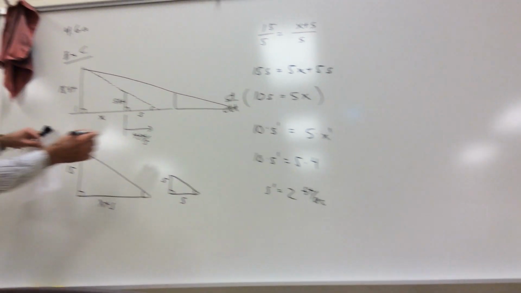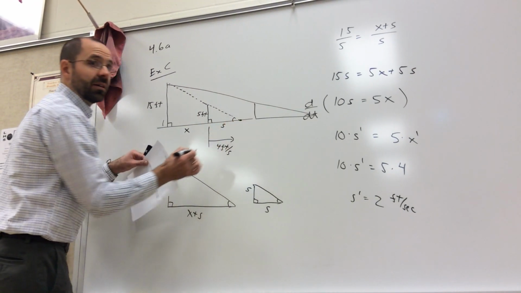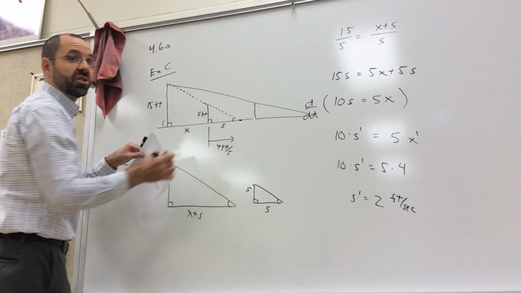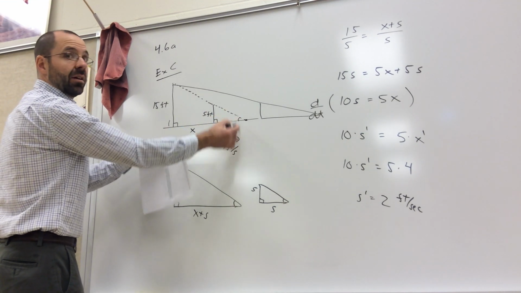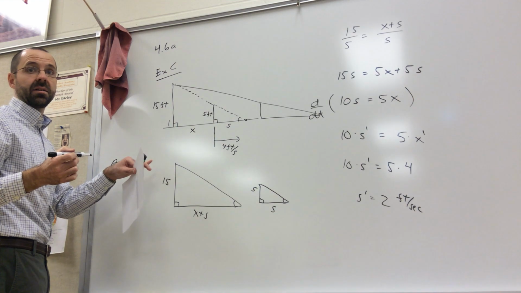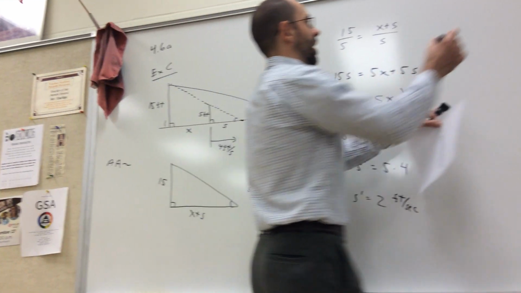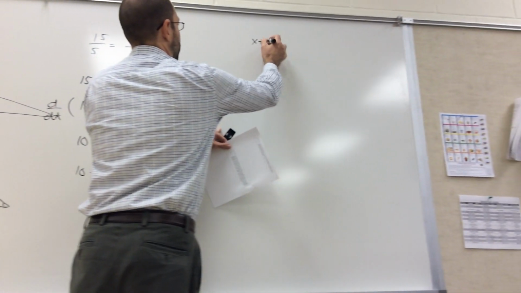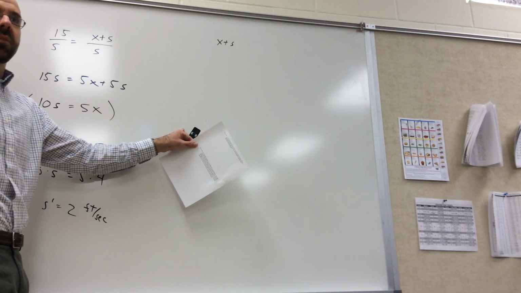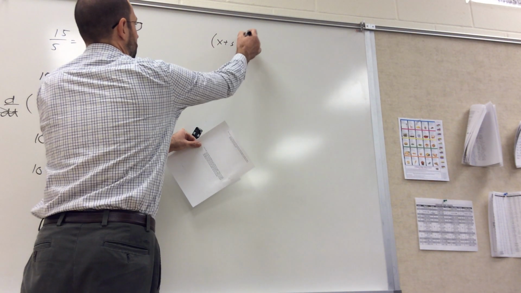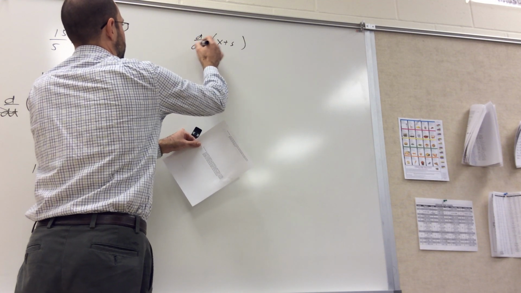Okay, so I need to know how fast is this point moving, the end of the shadow. And this point is x plus s away from the lamppost, right? So x plus s represents how far the end of the shadow is from the lamppost. And I want to know how quickly that's changing.